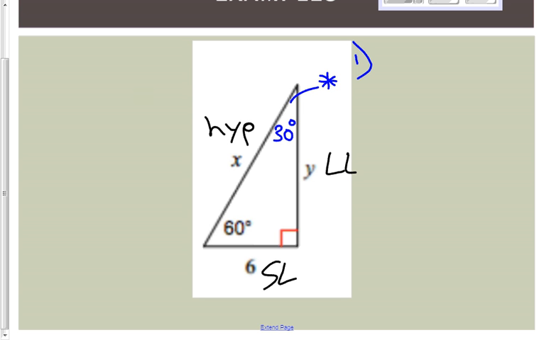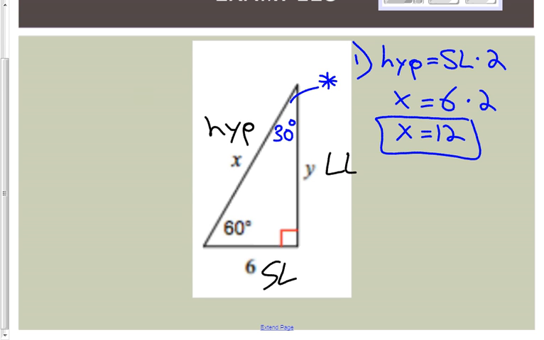I do have the short leg at 6, so I'm going to use the first equation, hypotenuse equal to short leg times 2. The hypotenuse is x, the short leg is 6 times 2. Doing the multiplication, you get 12 for my hypotenuse.